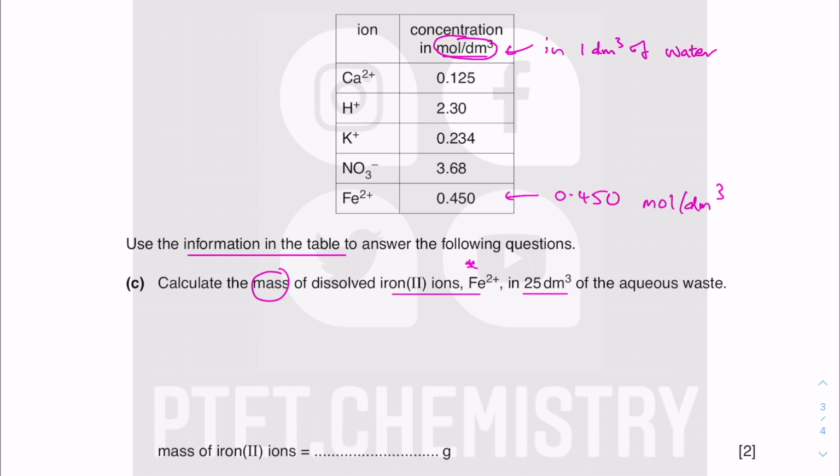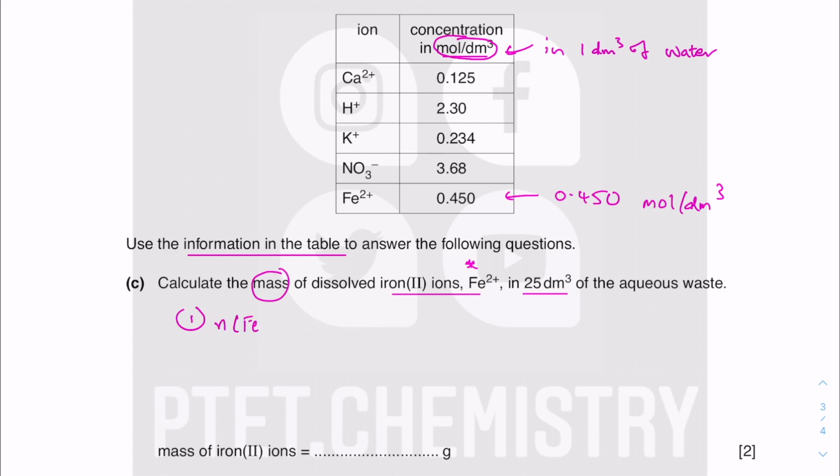So first of all, what is the mass in 25 dm cube? Actually, I'll work out the mole first. What is the mole in 25 dm cube? I should really label my stuff properly.